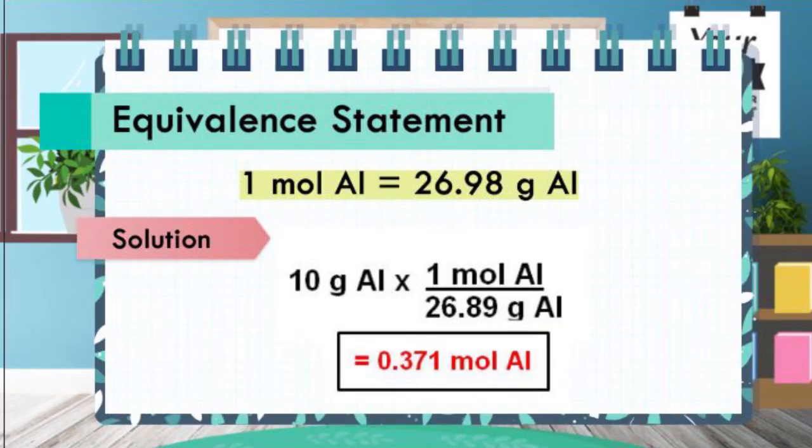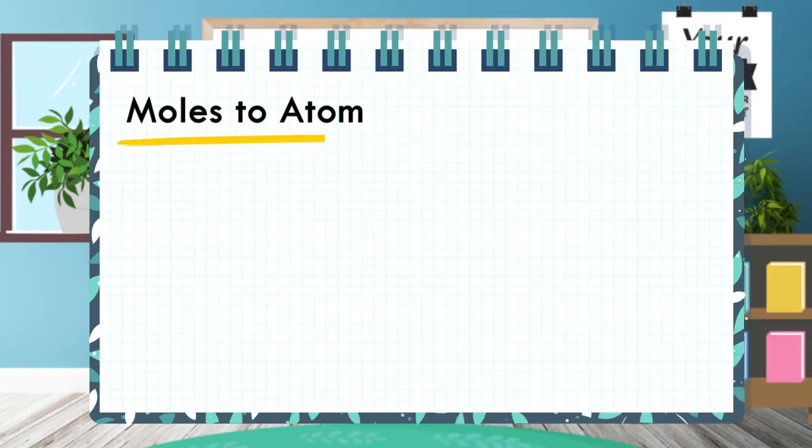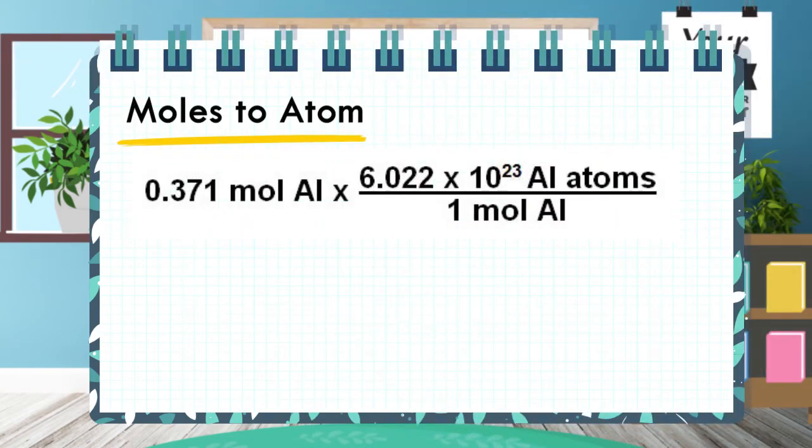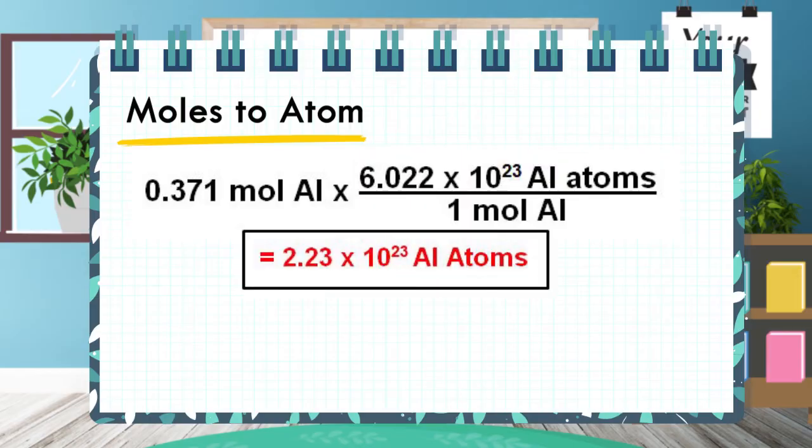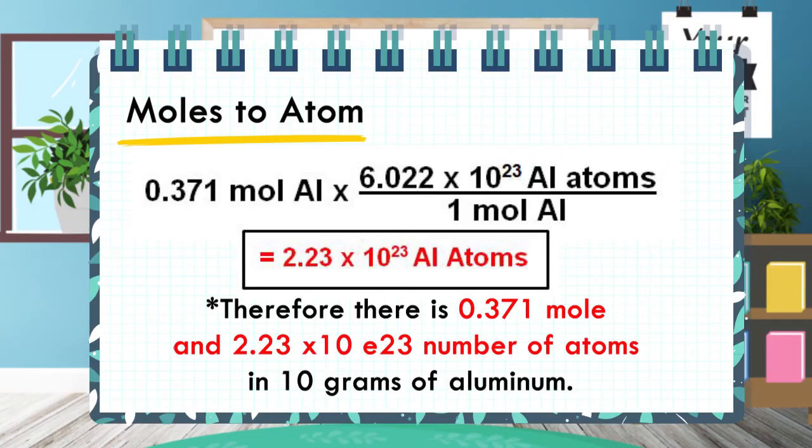Next, we will convert from moles to the number of atoms. 0.371 moles of aluminum times 6.022 times 10 to the 23rd power number of aluminum atoms divided by 1 mole of aluminum is equal to 2.23 times 10 to the 23rd power number of aluminum atoms. Therefore, the answer is there is 0.371 moles and 2.23 times 10 to the 23rd power number of atoms in 10 grams of aluminum.